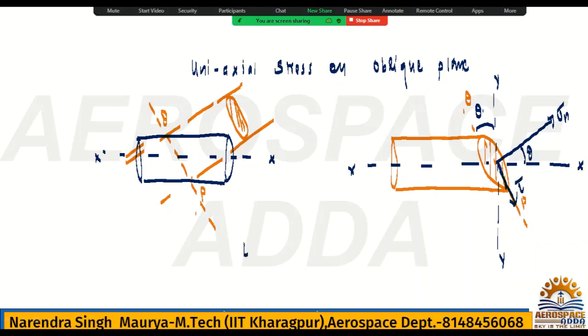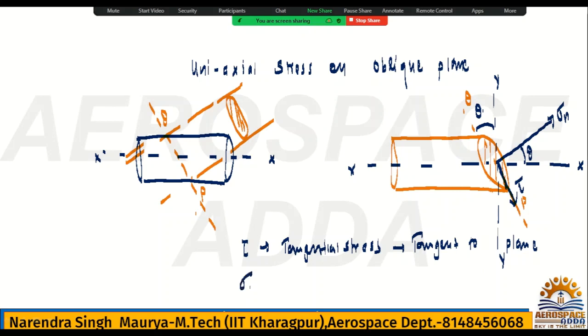So tau is nothing but tangential stress, which is tangent to the plane, and sigma n is called normal stress, which is normal to the oblique plane.